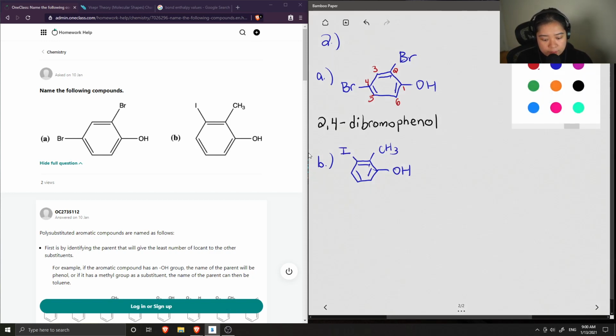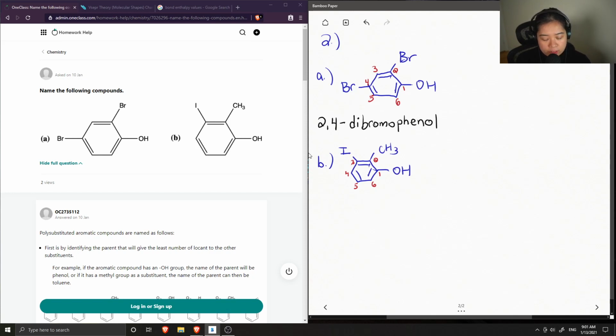Now let's number again. And we also go counterclockwise since the methyl group and this iodine group are right beside the alcohol group. Okay, so again, we are going to specify which carbon all of the other substituents are on. So this is an iodo group, and this group is called a methyl group.